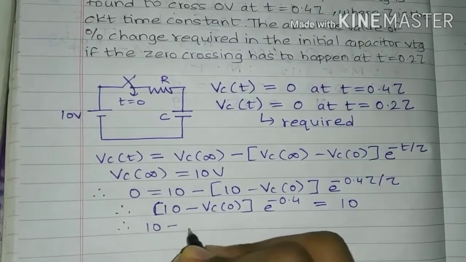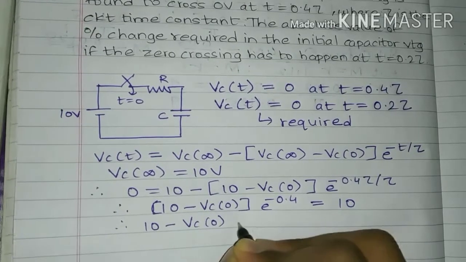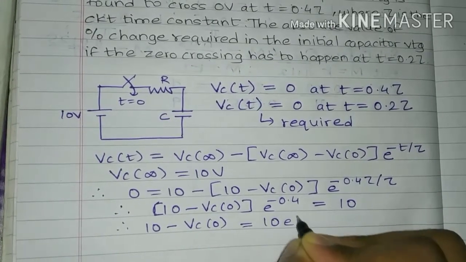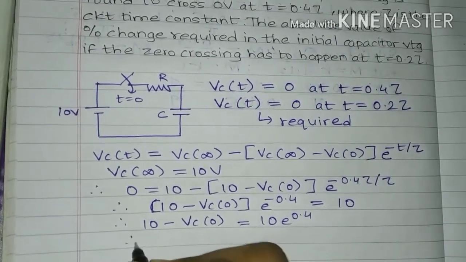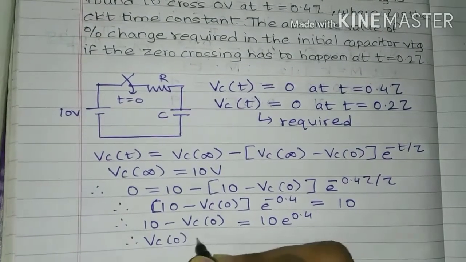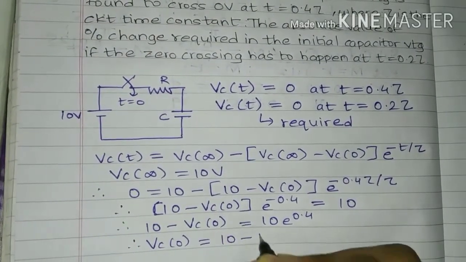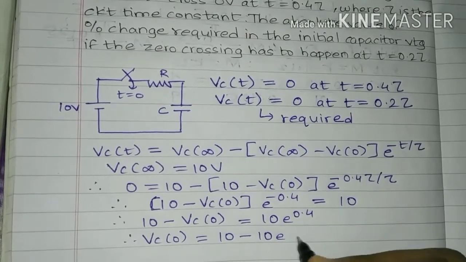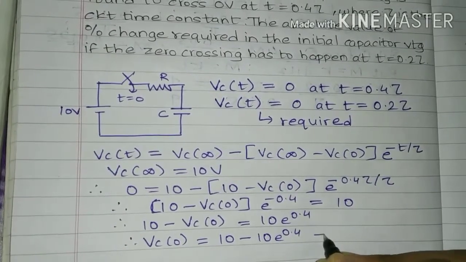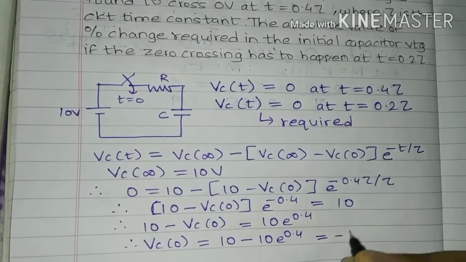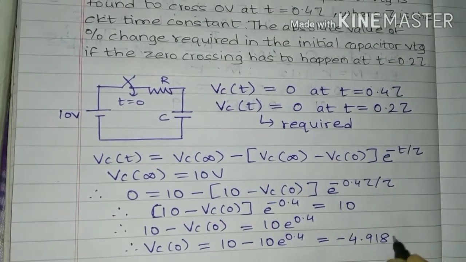Therefore 10 minus Vc of 0 will be equal to 10 e raised to 0.4. Hence Vc of 0 will be equal to 10 minus 10 e raised to 0.4, and the value of Vc of 0 turns out to be minus 4.918 volts.